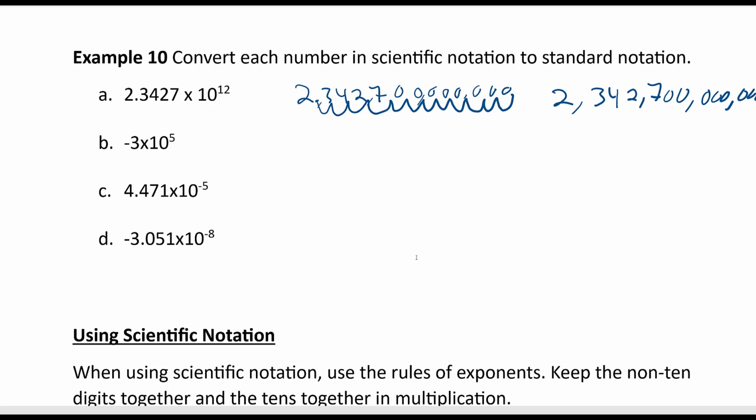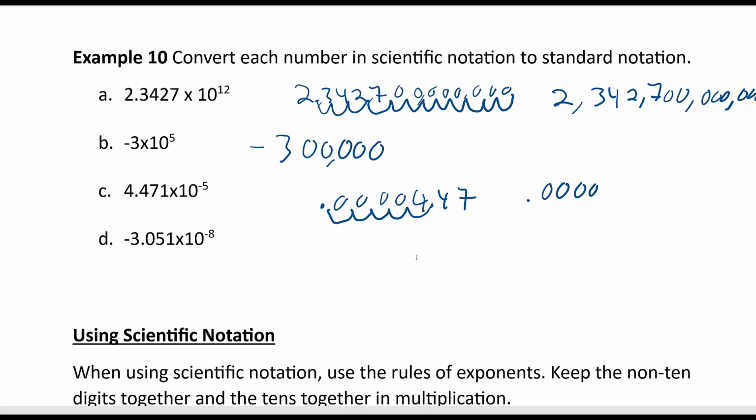For the next one, it's the 5th power, so 3, and since there's no other decimals, we put 1, 2, 3, 4, 5 zeros there. It's negative, put a comma there. Here we have, I'm going to write it over here, 4.47, and it's negative 5, so it goes to the left. 1, 2, 3, 4, 5. So it's 0.0000447.